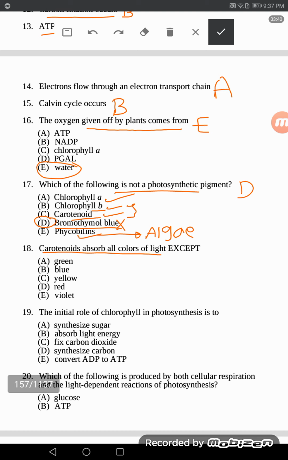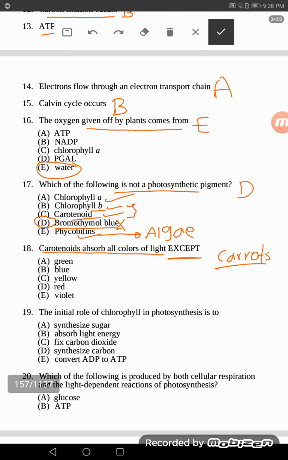Carotenoids absorb all colors of light except which one? We know that carotenoids are orange and yellow in color, as they are found in carrots.